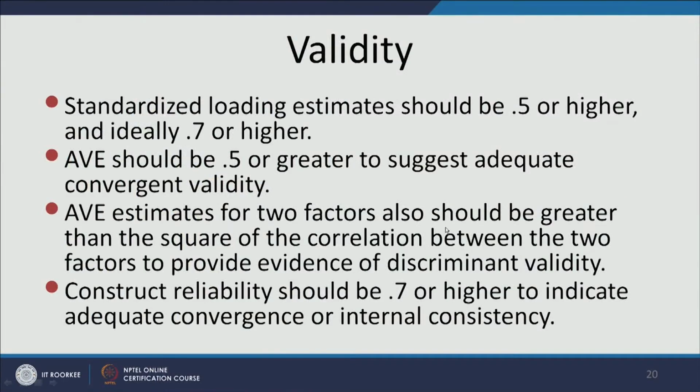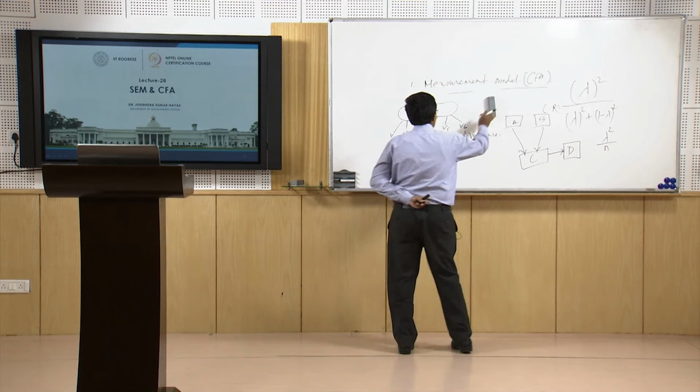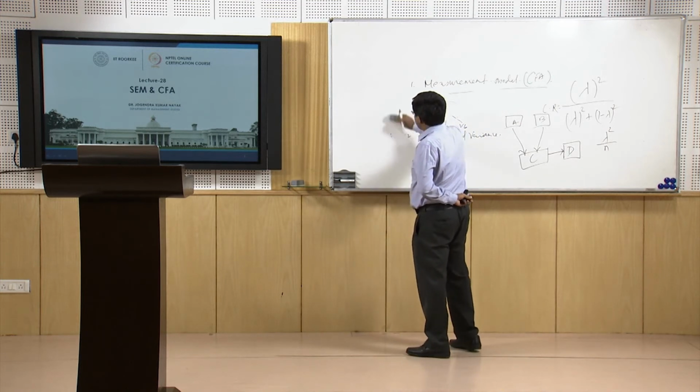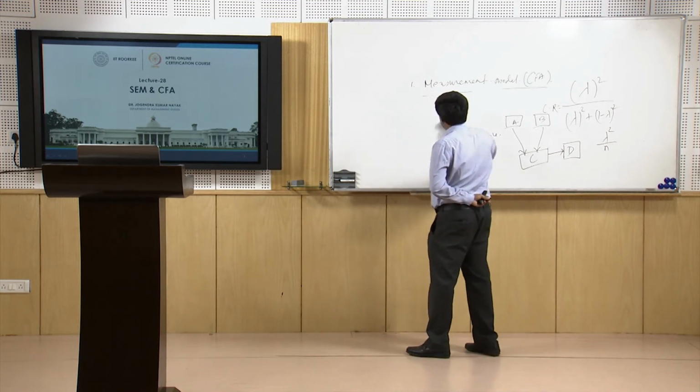AVE estimates for two factors should also be greater than the square of the correlation. This is how you check discriminant validity, and this is where students and researchers get confused a lot. What does it mean?